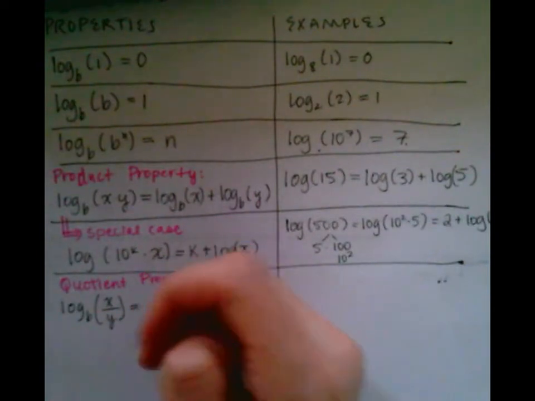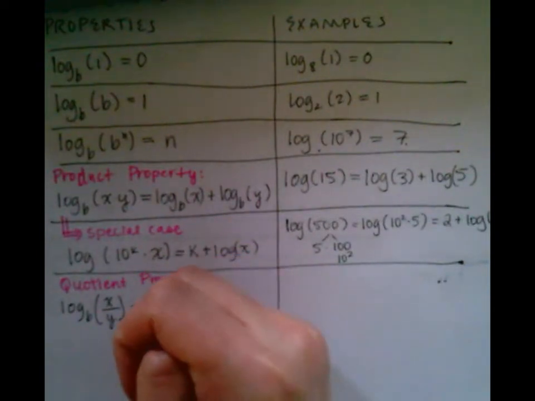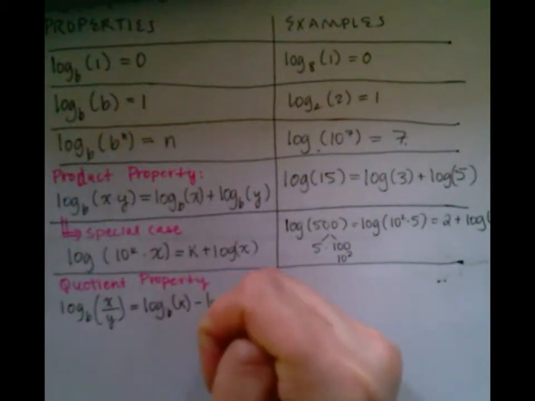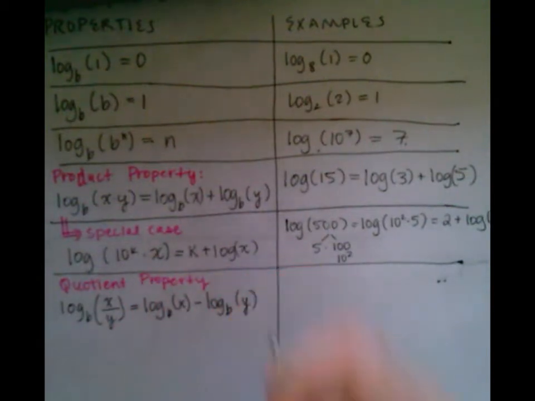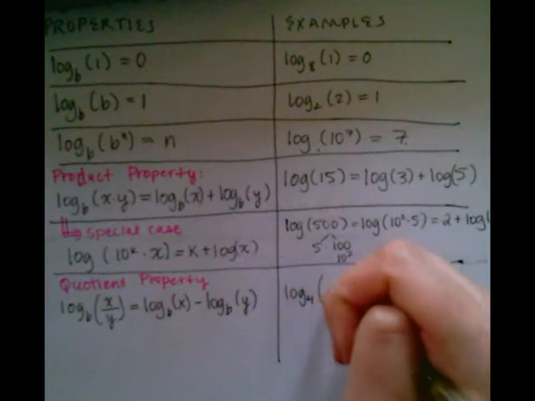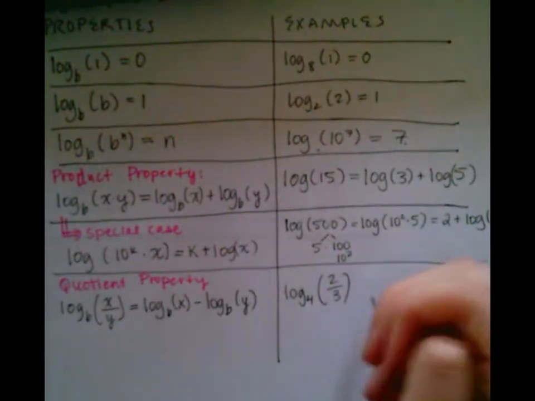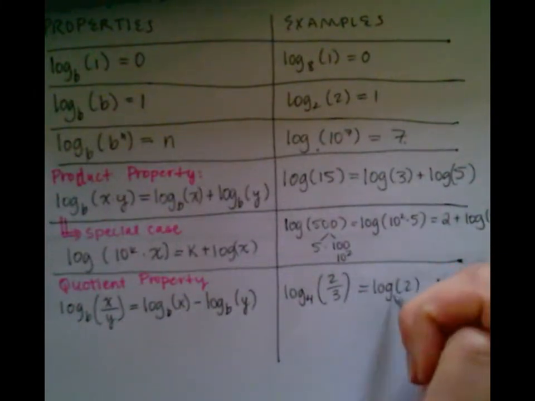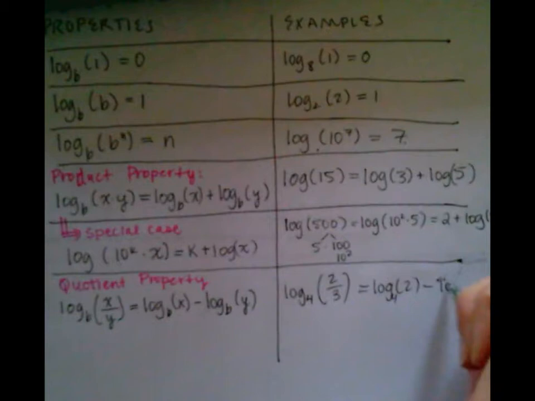It's also similar to our exponent rules. So we have log base b of x minus log base b of y. And an example would look something like log base 4 of 2 over 3. That should be equivalent to log of the numerator minus log of the denominator.